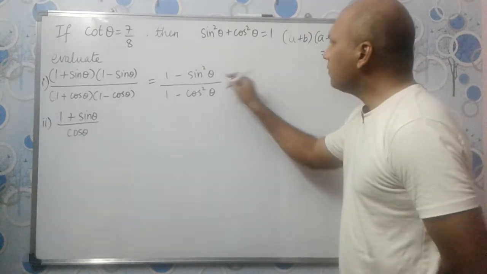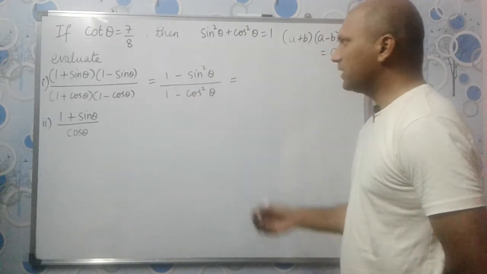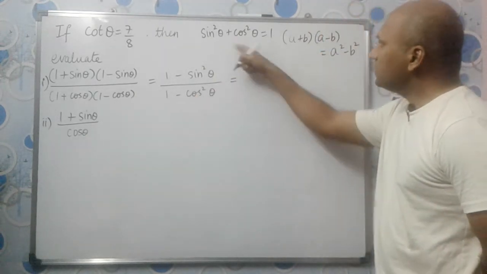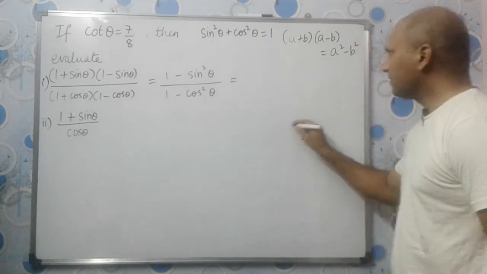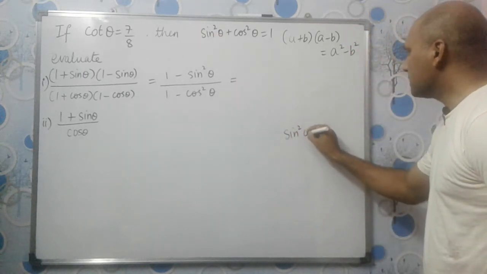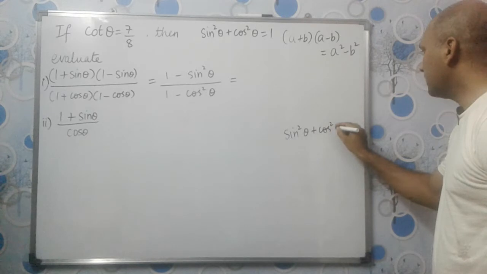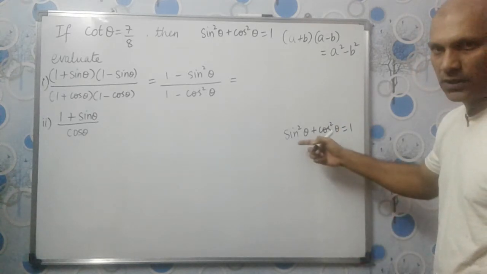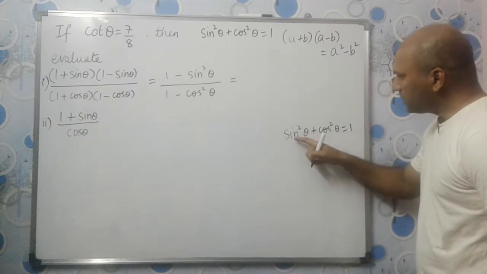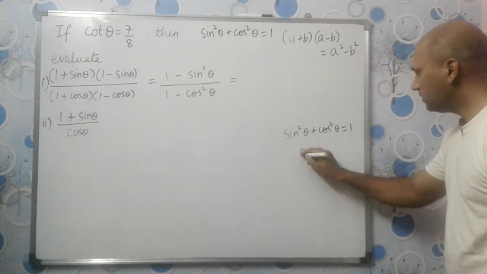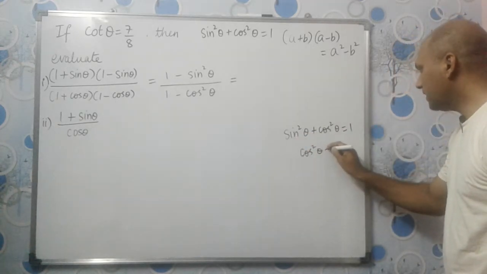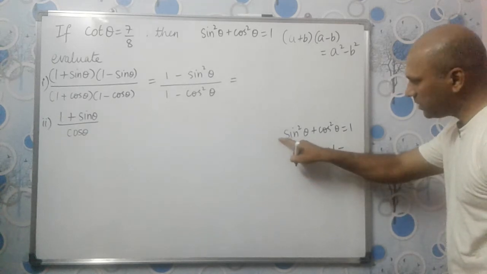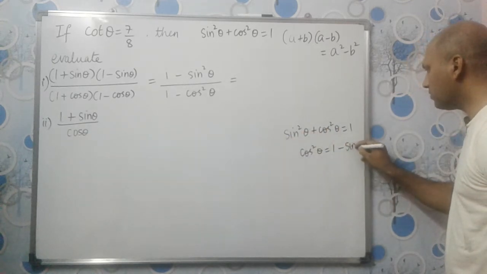Now in place of 1 minus sin square, what can we write? Let us use this identity now. We have sin square theta plus cos square theta is equal to 1. This is the formula. Now send sin square on the other side. We have cos square theta equal to 1, and this is plus, so when it goes on the other side it becomes minus.